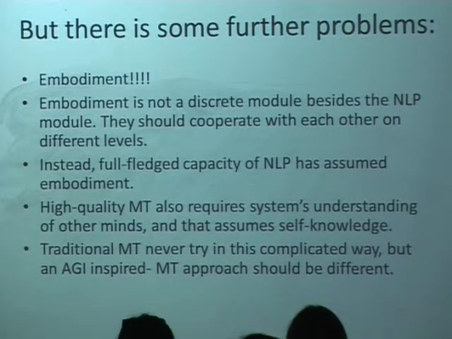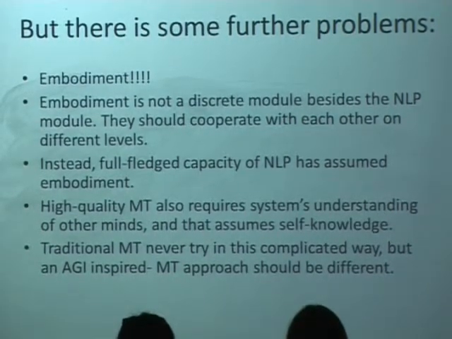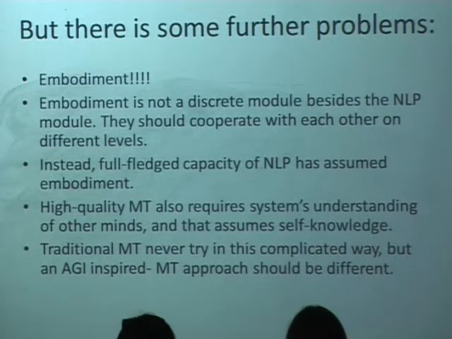I think this is something that we can agree with. Another point is that high quality machine translation also requires the system's understanding of other minds. Why? Because when I'm reading a novel, I should believe that this novel is written by another person, not by a monkey, a human being with a full range of emotions.